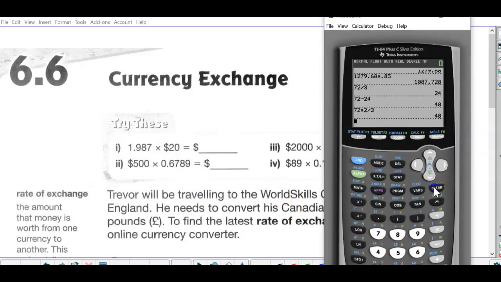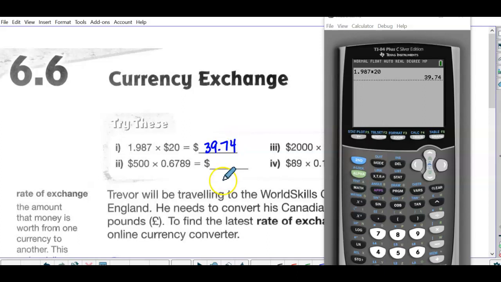So I'm going to try these. 1.987 times 20. So that would be basically, given $20 Canadian, some exchange rate, it would be 39.74. Whether it's dollars as well, kind of depends on what you're going to.